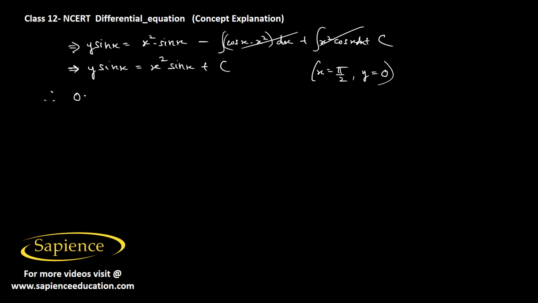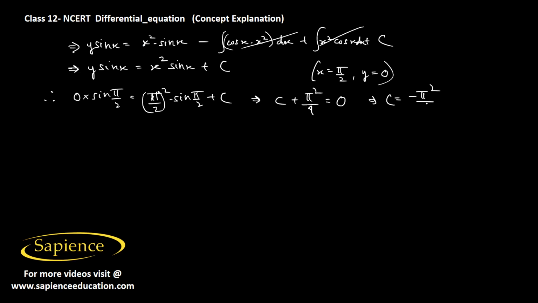Therefore, 0 into sine pi by 2, and sine pi by 2 is 1, equals pi by 2 whole square into sine pi by 2 plus c. So c plus pi square by 4 equals 0, so c equals minus pi square by 4.